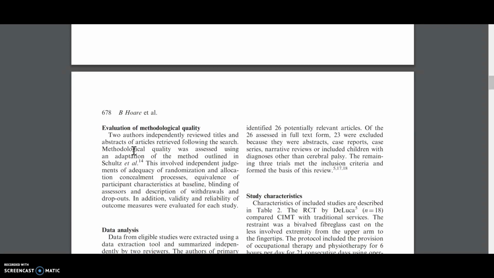Well, I shouldn't say instead of, but in the randomized control trials that we previously looked at, you had authors who assessed things like sample size criteria, inclusion and exclusion criteria, for that one study. Same thing here, but they also have to assess the quality of the articles that they choose. They can't just choose any article.